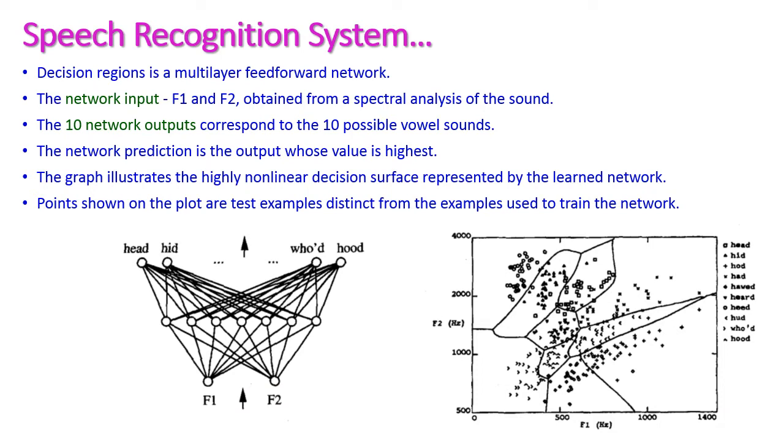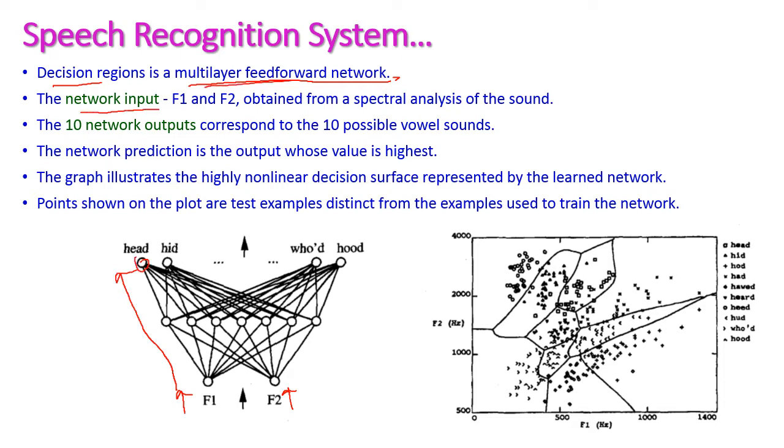So here the decision region is a multi-layer feed forward network. The values will be given to the input layer initially, and all the values will be feed forwarded towards the output node. So this is called a feed forward network.